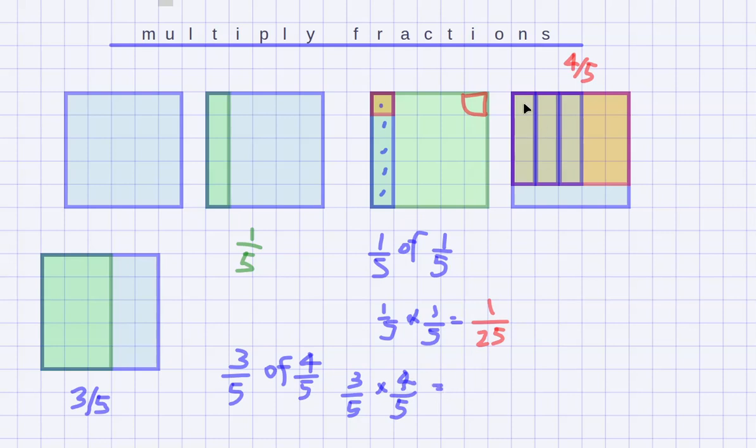And that equals 1, 2, 3, 4, 5, 6, 7, 8, 9, 10, 11, 12 of these very small grid little boxes. So it's 12 of these little 1/25 boxes.